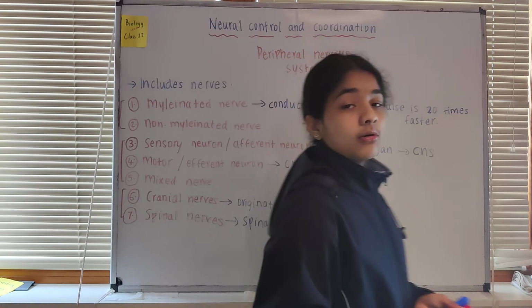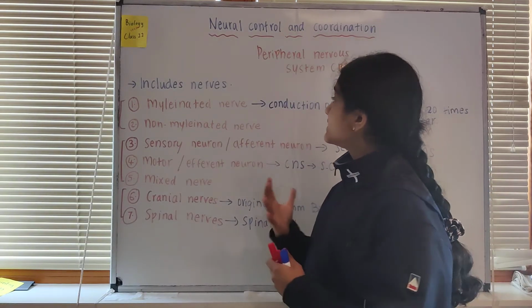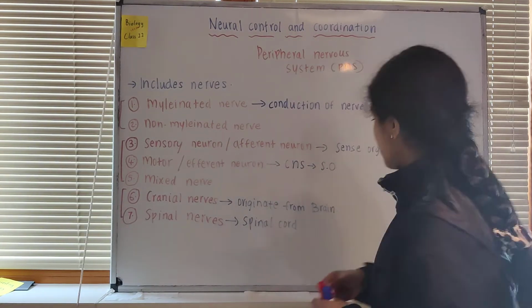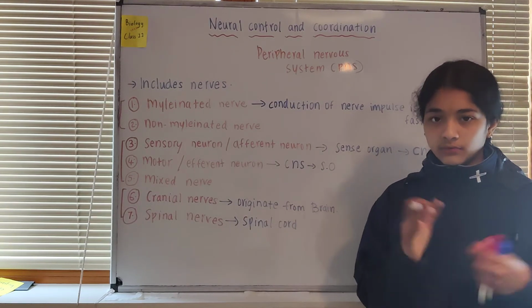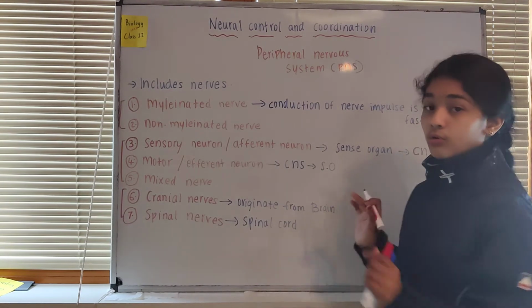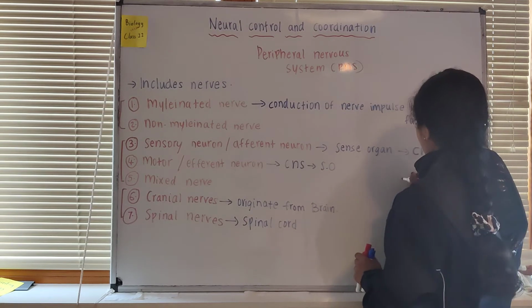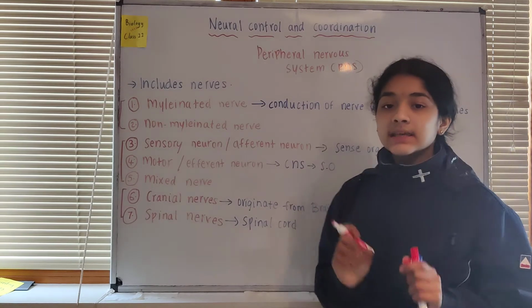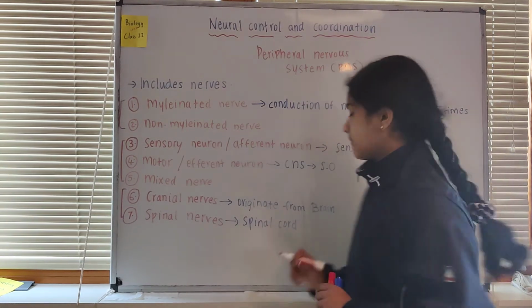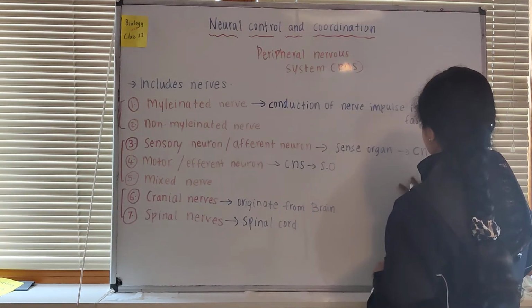Now let's talk about how a nerve looks. There is a difference between the nerve or nerve fiber and the neuron. We know that the neuron is the basic unit of the whole nervous system, and it looks like this.